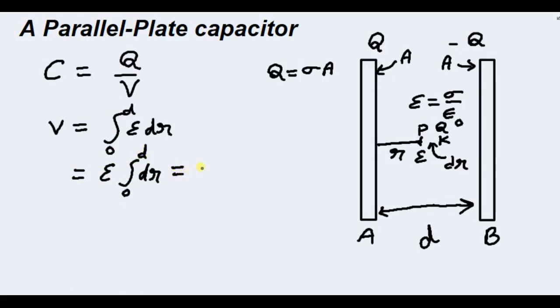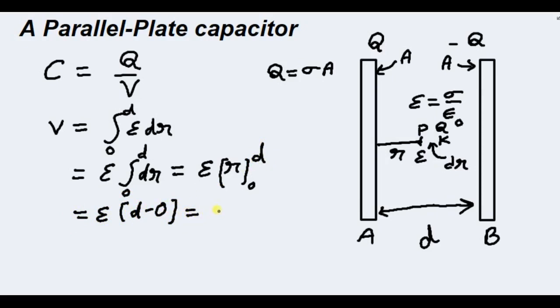It will be equal to E into r, lower limit is 0, upper limit is D. So value of V will be equal to E into D minus 0.